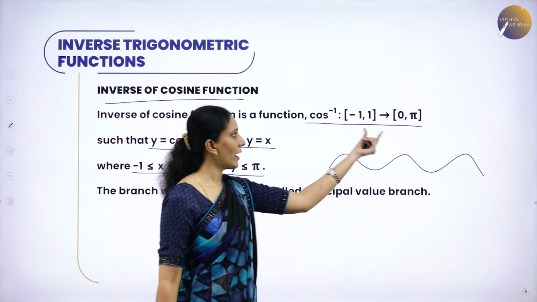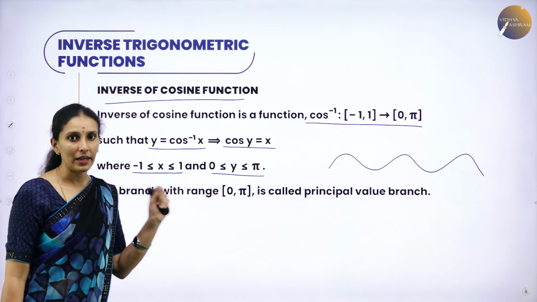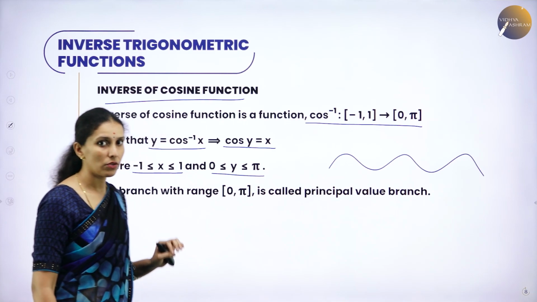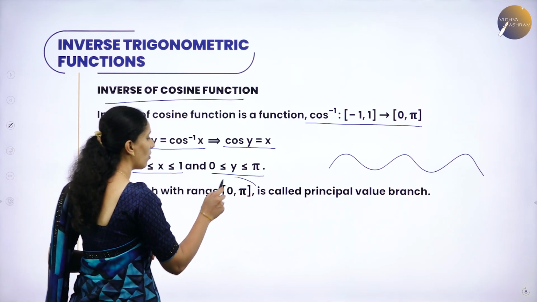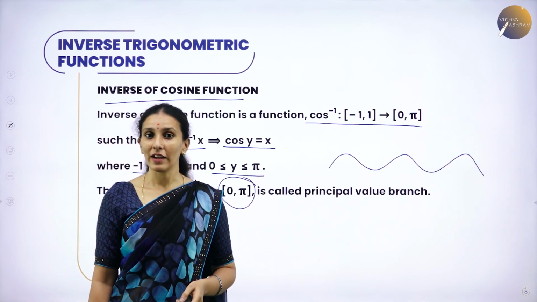So this is the domain and range of the cosine function. As in the case of the sine inverse function, we have a principal value branch for cosine also. So we take 0, pi as the principal value branch of the cosine function.